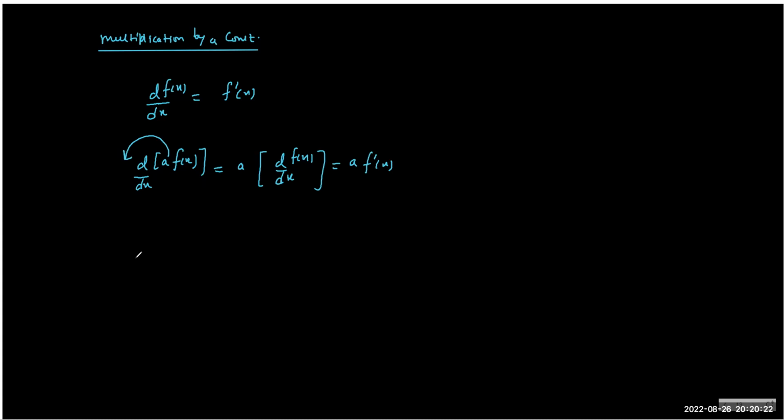Now, if you modify the input, so the input is x, and let's say if I differentiate f of x, my answer will be f dash x. So you know the answer is f dash x, and you know the input is fx.